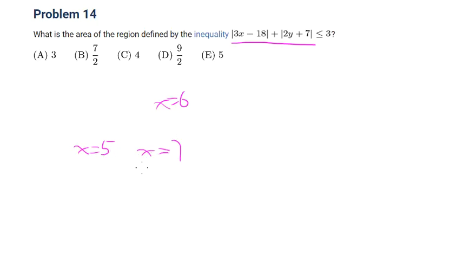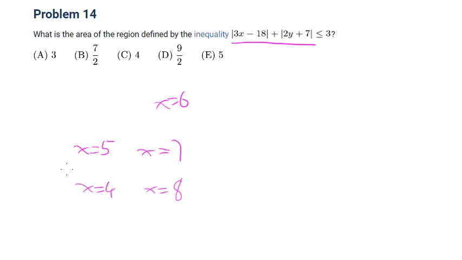x equals 5, x equals 7, and they'll yield equal values. When x equals 4, x equals 8, they'll also yield equal values. So of course, if a point where x equals 5 is in the region, then the point with the same y coordinate but with x equals 7 will also be in the region.